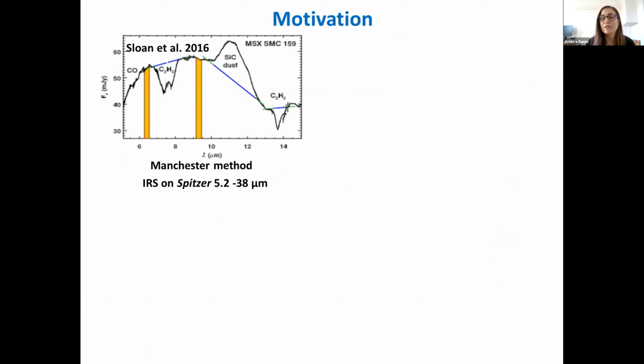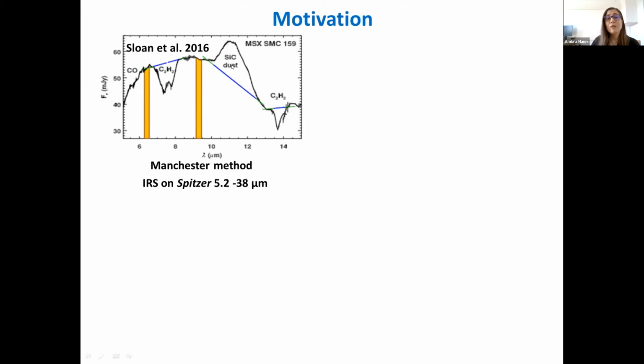People have analyzed this, and in a series of works they used the Manchester method. With this method, they were able to derive information on the acetylene feature, mainly from the feature around 7.5 microns, and also some information about the silicon carbide dust component, by studying its feature around 11 microns.